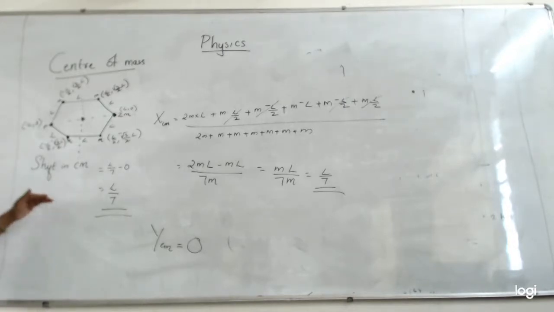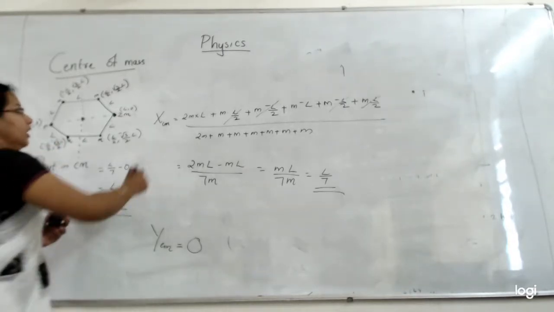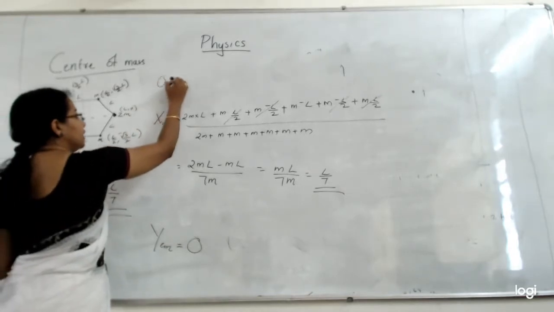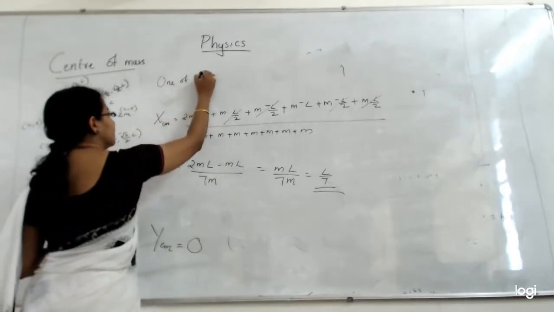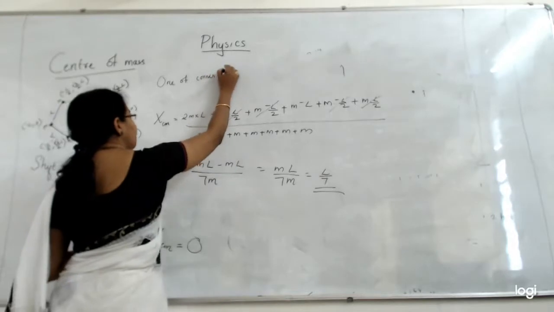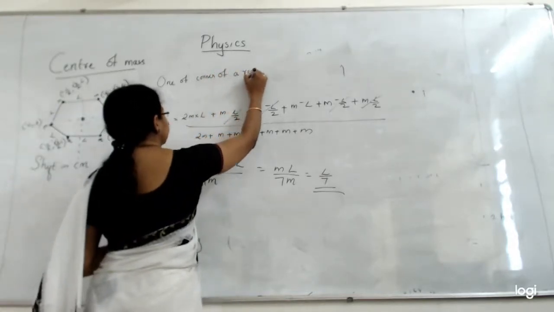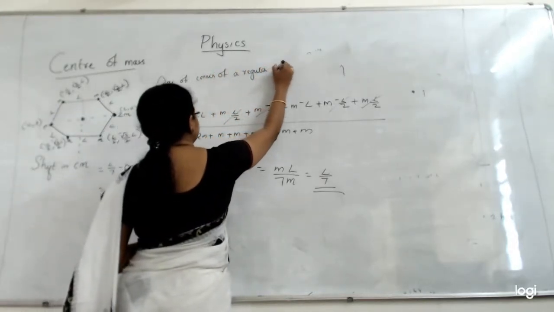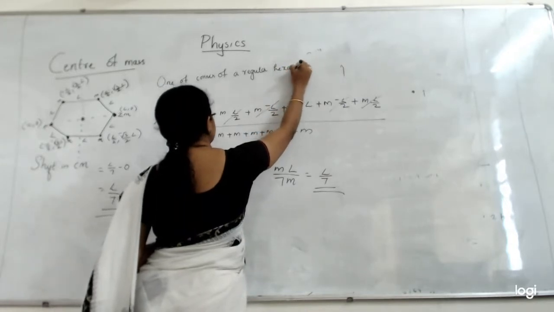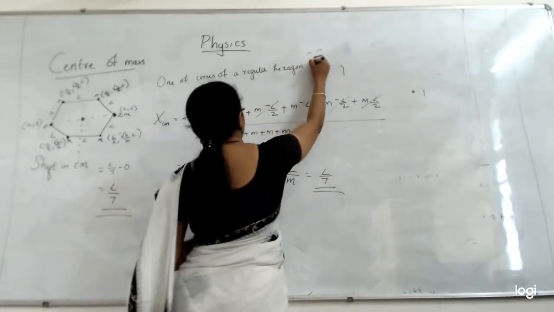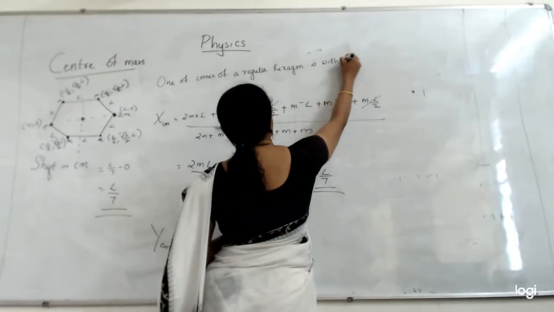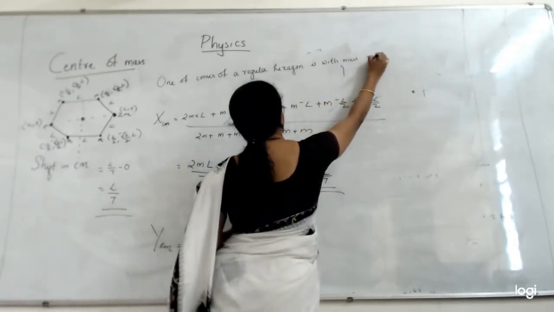This question is not there in our material. You can just write: one of the corners of a regular hexagon is with mass 2m.